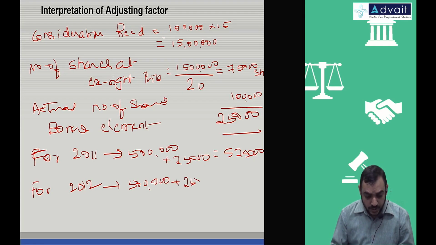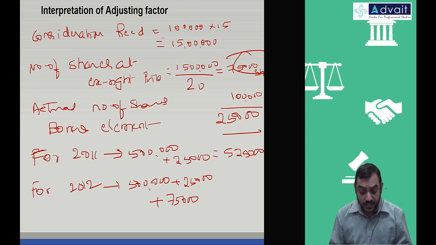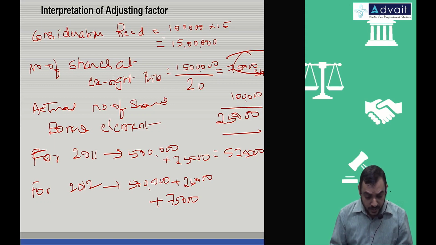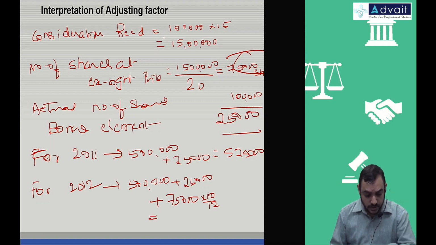25,000 is bonus shares, that should be taken, but this 75,000 fair value is to be considered only for a certain number of months after the issue of the right issue. It is there in the current year for a period of 10 months. So 75,000 into 10 by 12. How much do we get? 75,000 into 10 by 12 is 62,500.